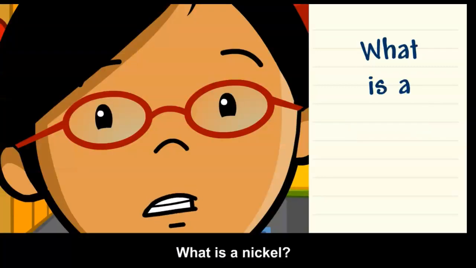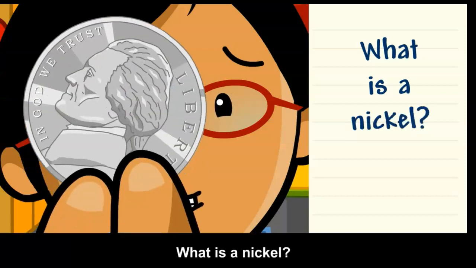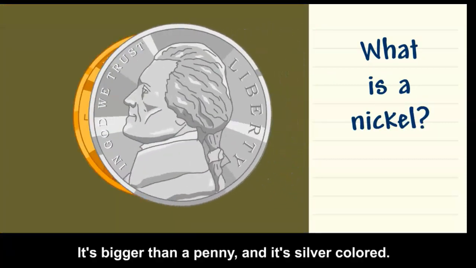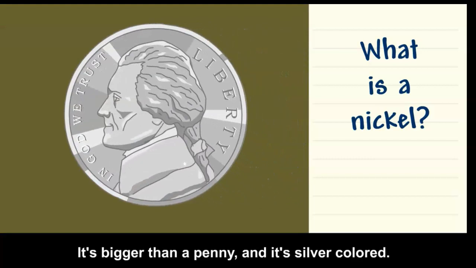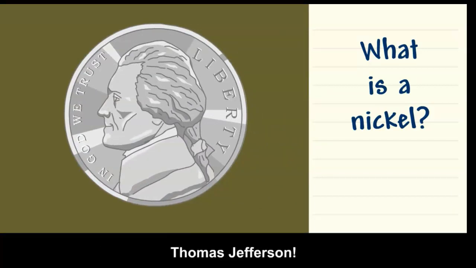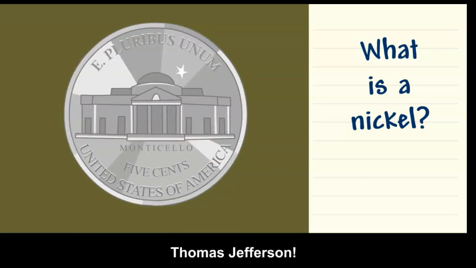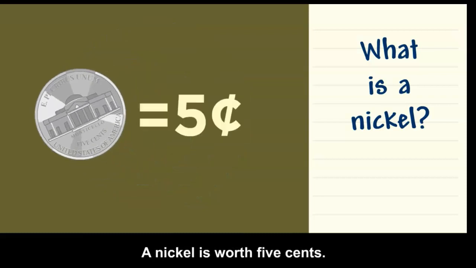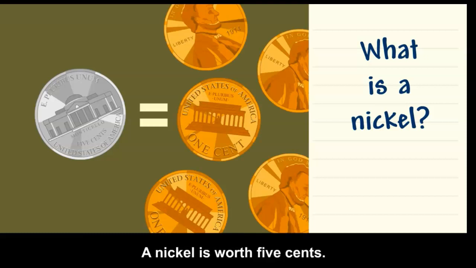What is a nickel? Here's a nickel. It's bigger than a penny and it's silver colored. There's another president on its head, Thomas Jefferson. And that's his home on the tail. A nickel is worth 5 cents. That means 1 nickel is equal to 5 pennies.